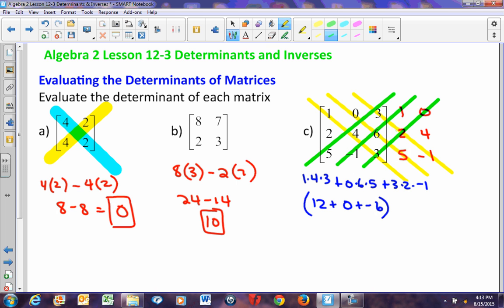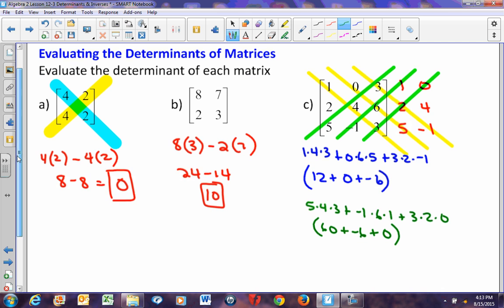So then it would be, I'm leaving down here, 5 times 4 times 3 plus a negative 1 times 6 times 1 plus 3 times 2 times 0. So 5 times 4 is 20 times 3 is 60 plus 6 plus 0. Okay, so now we have 12 plus 0 plus negative 6, and we're going to subtract this.